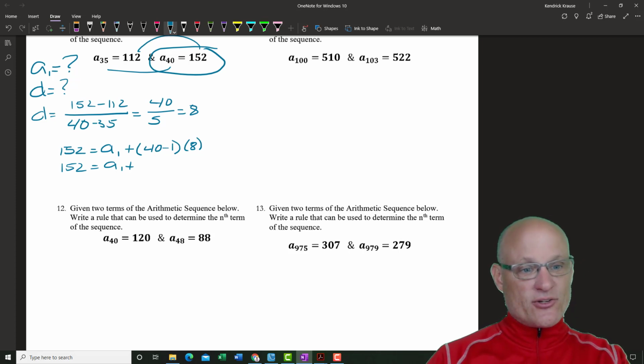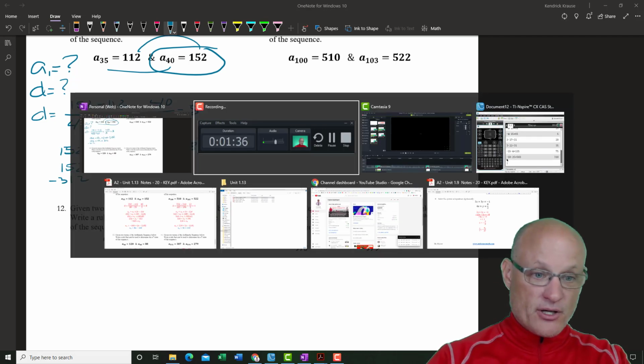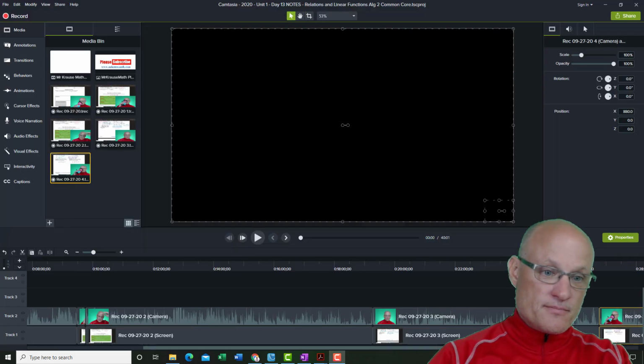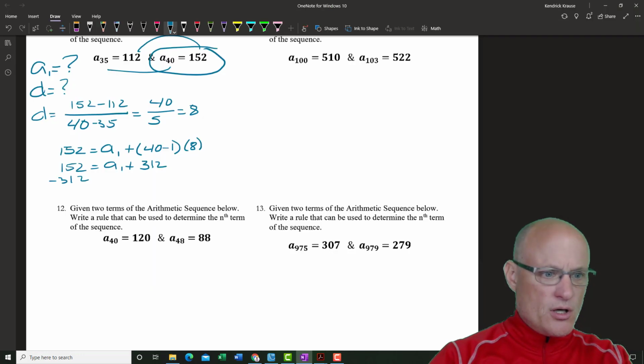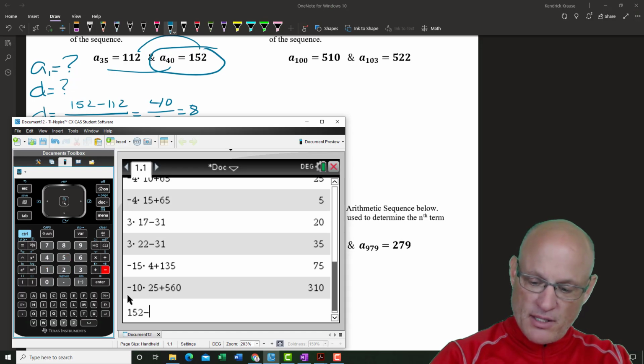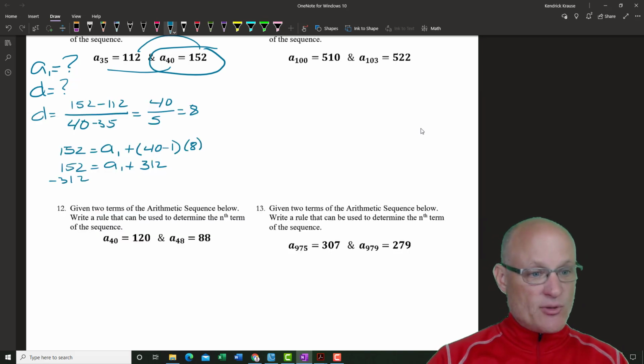Well, I can do that. 40 times 8 is 320, so this would be 312. Subtract 312. 152 minus 312 equals negative 160. So my a sub 1 is negative 160.